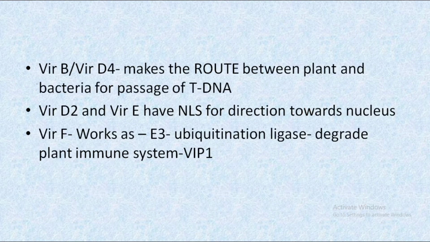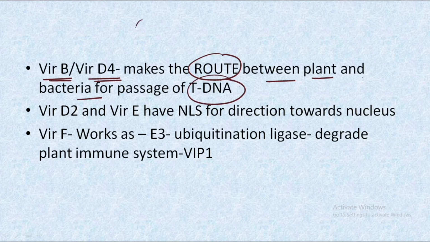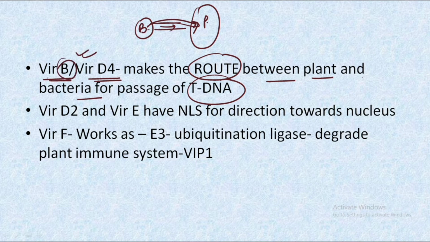So VIRB and VIRD4 make the route between the plant and the bacteria for the passage of the tDNA. Consider we have this bacteria and this plant cell. When the bacteria would be transferring the tDNA into the plant cell, there requires a route. This route of transport is formed by the VIRB and VIRD4 genes.